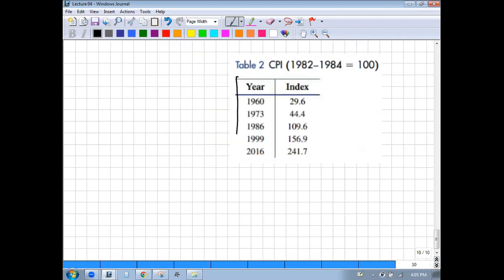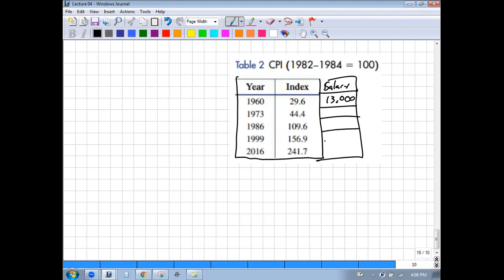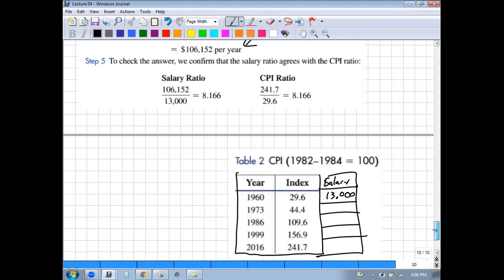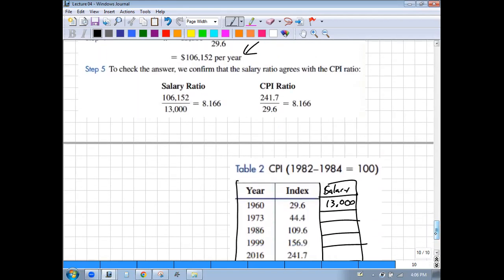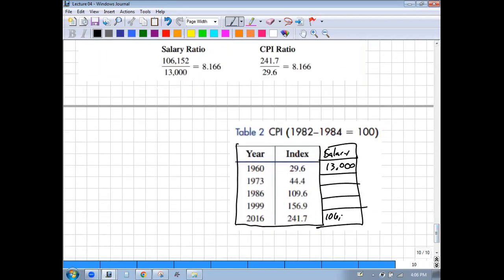If I put salary, 13,000 right here for starters, so I'm comparing everything to 13,000, we found that for 2016, it's 106,152. So those are equivalent. We could fill in the others.